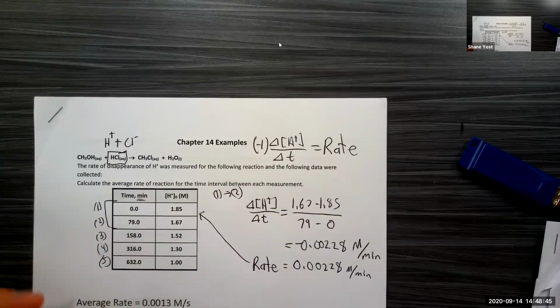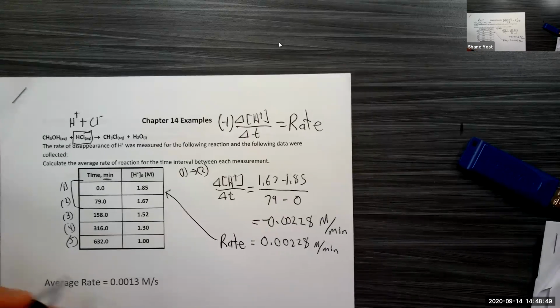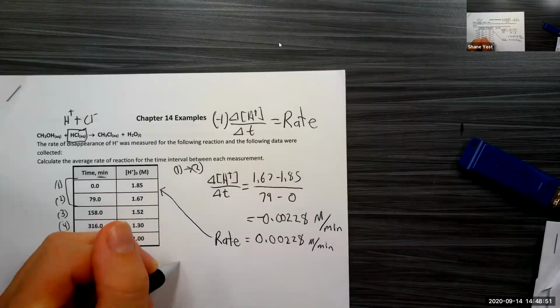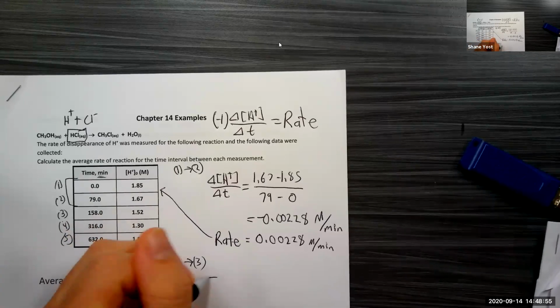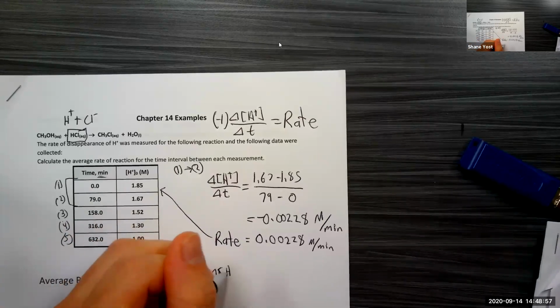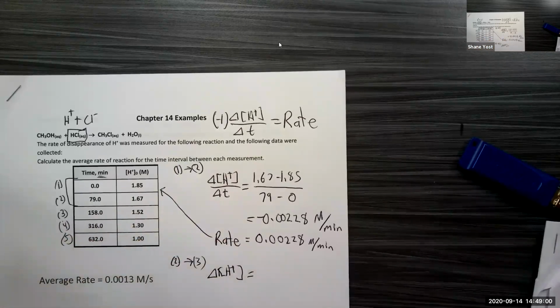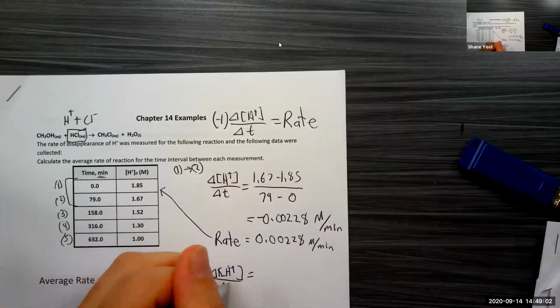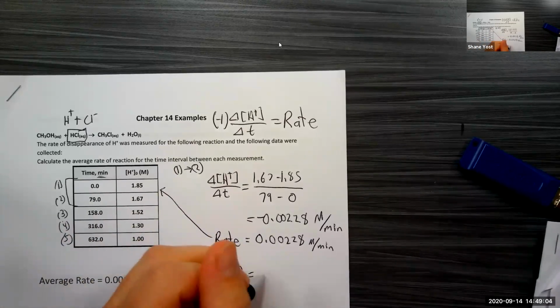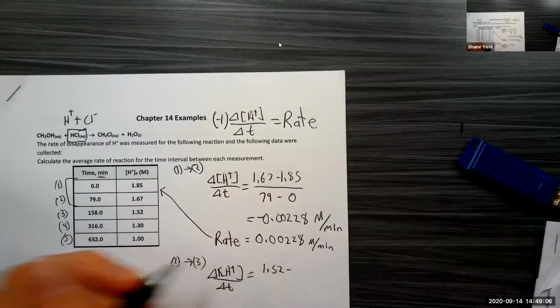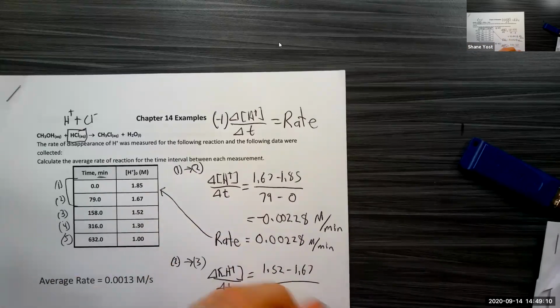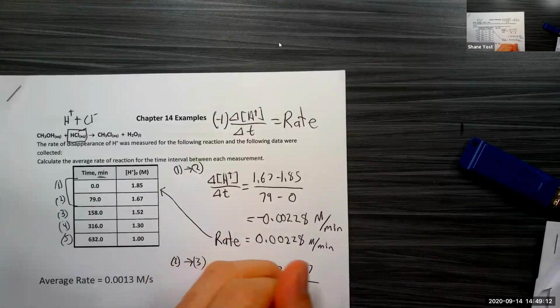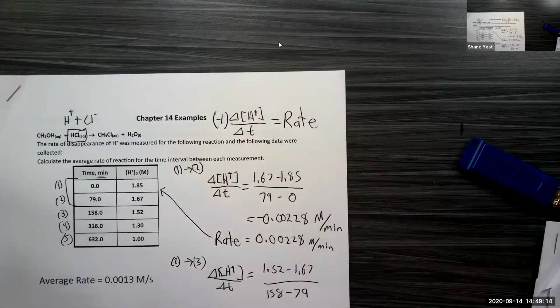I can then repeat this for measurement 2 to 3. Delta H plus over delta t is then 1.52 minus 1.67 over 158 minus 79.